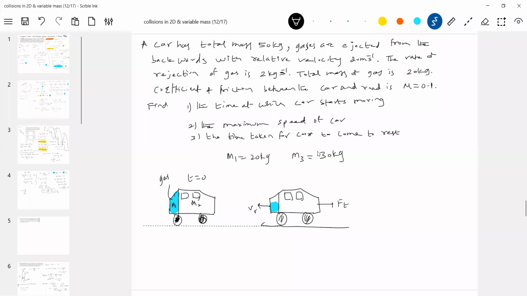I'll show the resultant friction will act backward. When I switch on the car, because of the variable mass concept, thrust force will act. So the car will start moving only when the thrust force is able to overcome the friction. So the car starts moving.